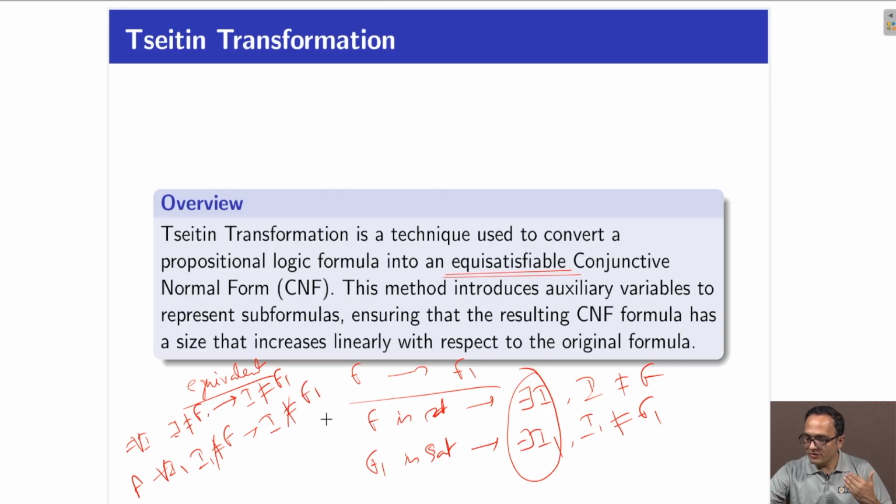So, the evaluation of the formula for all interpretations is the same. Here it is equisatisfiable. For our case, because I want to check whether the formula is satisfiable or not, equisatisfiable is enough for me, but I cannot replace the Tseitin transformed formula with the original formula in the actual problem. Only for satisfiability checking can I do that.